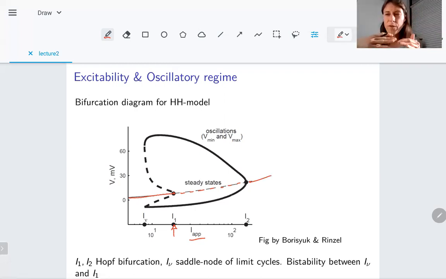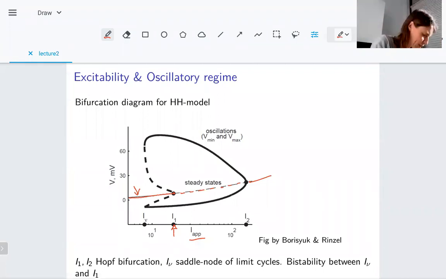So in this region we have the stable resting state. And then at some point this becomes unstable, and we go to this other equilibrium point for which the cell is at a higher voltage value, okay?